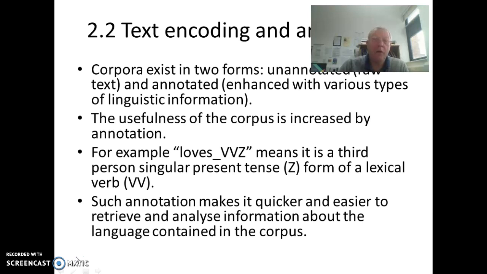For example, loves_VVZ means that the word loves is a third person singular present tense, denoted by Z, form of a lexical verb, denoted by VV. Such annotation makes it quicker and easier to retrieve and analyze information about the language contained in the corpus.